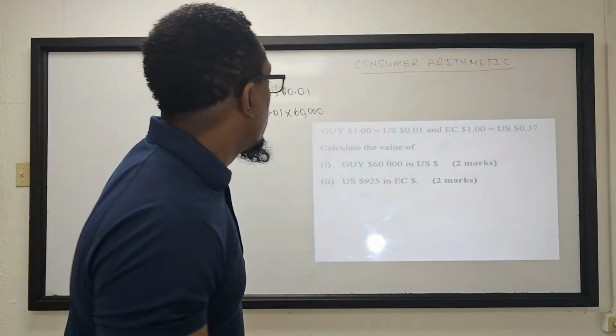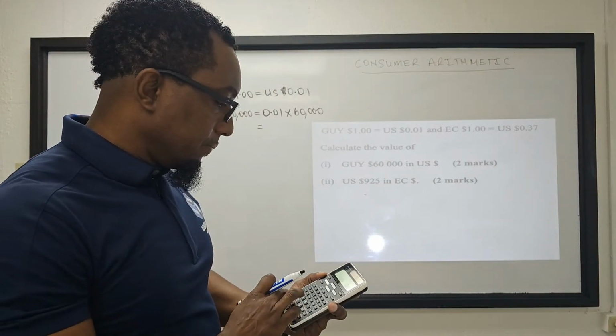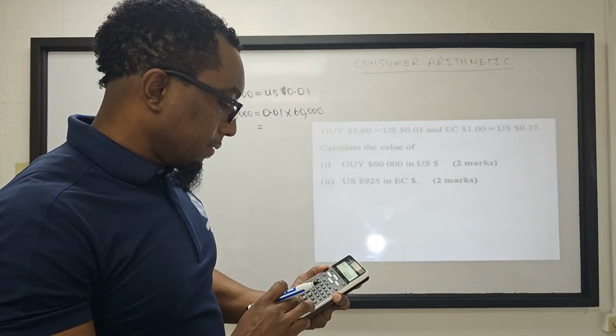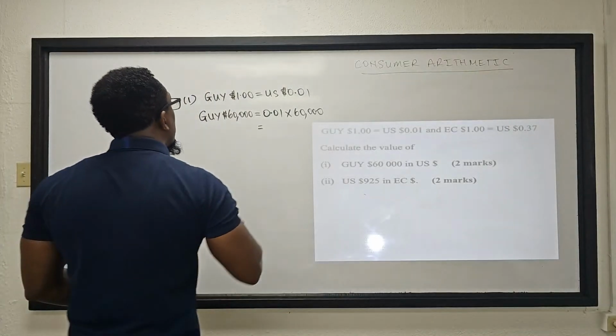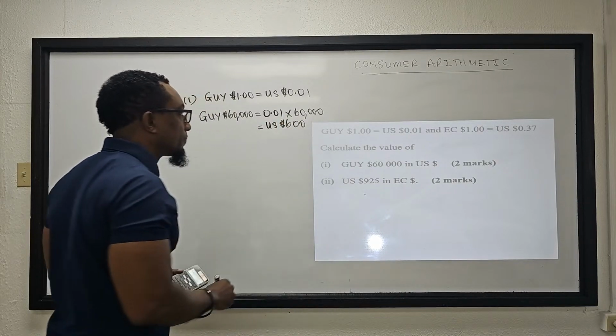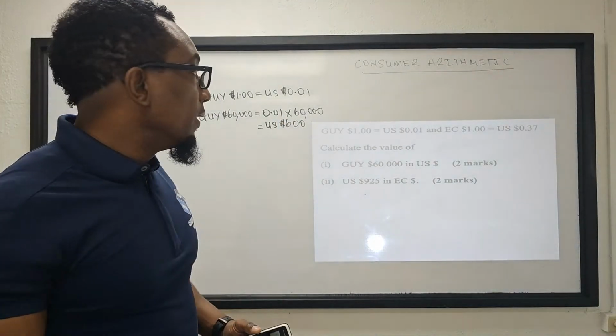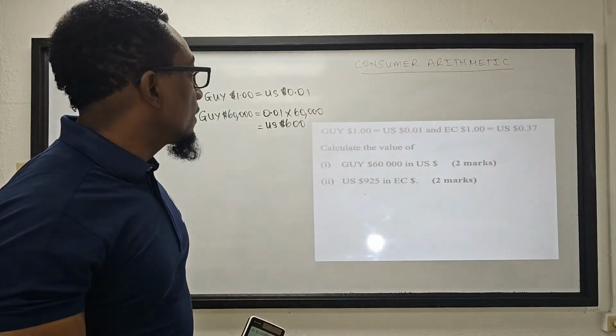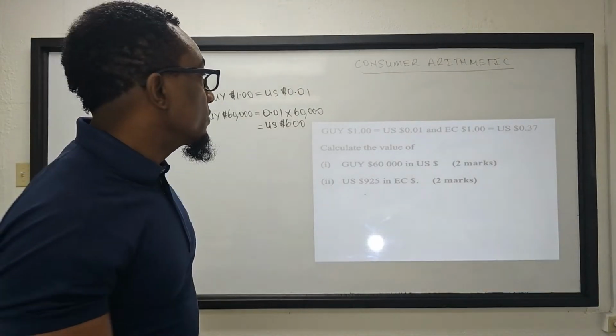And 0.01 times 60,000 will give us US $600. So that's part 1. So Guyanese $60,000 is equal to US $600.